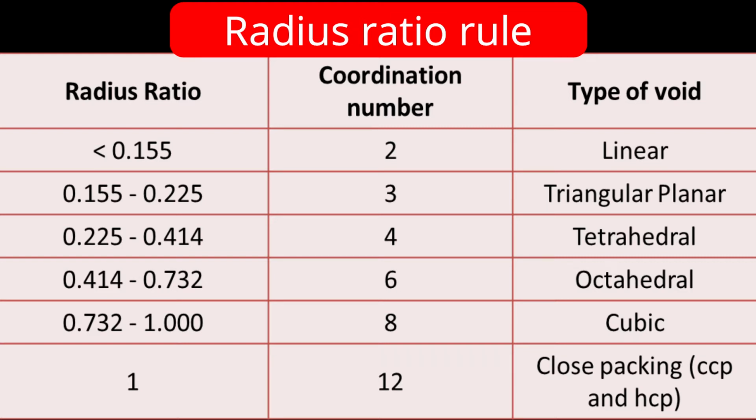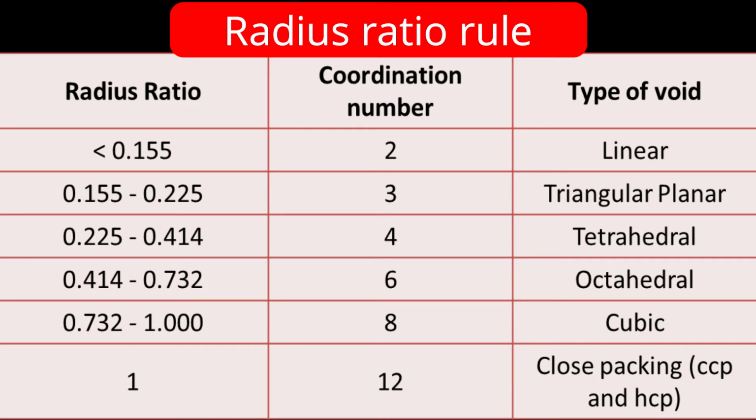If the type of void is octahedral, then the radius ratio should be 0.414 to 0.732 and coordination number 6. If the void is cubic, then coordination number will be 8 and the radius ratio will range between 0.732 to 1.